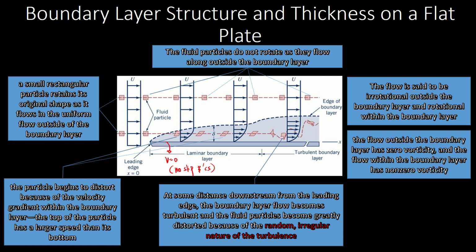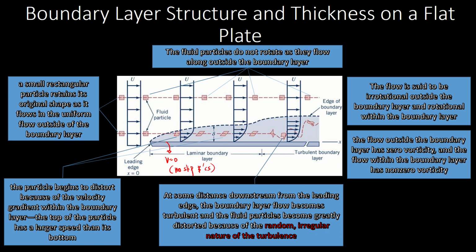As you can see, in this region the shape of the element is characterized by the velocity gradient itself. The velocity at the top of the fluid element is higher than the velocity at the bottom of the element.